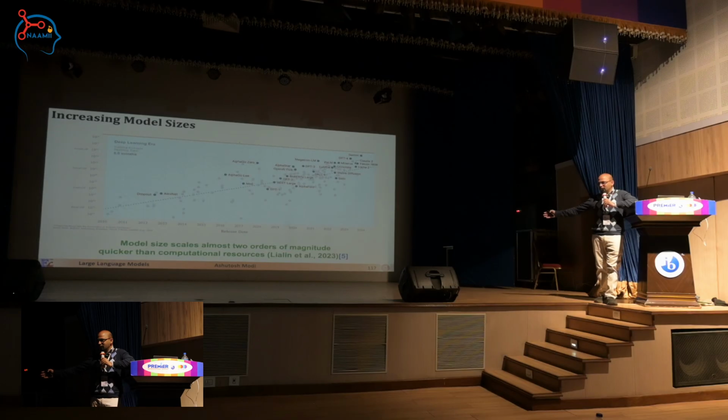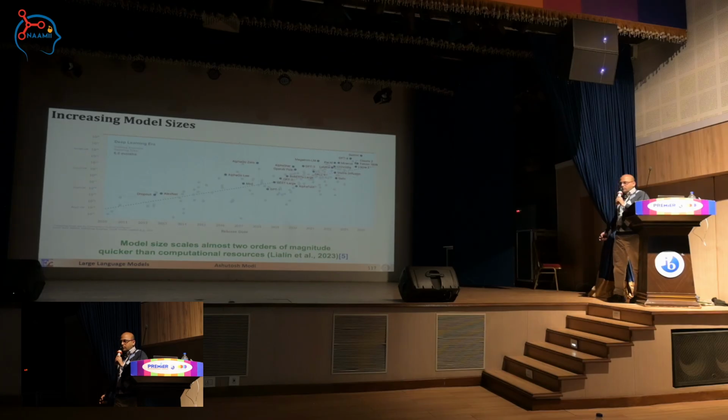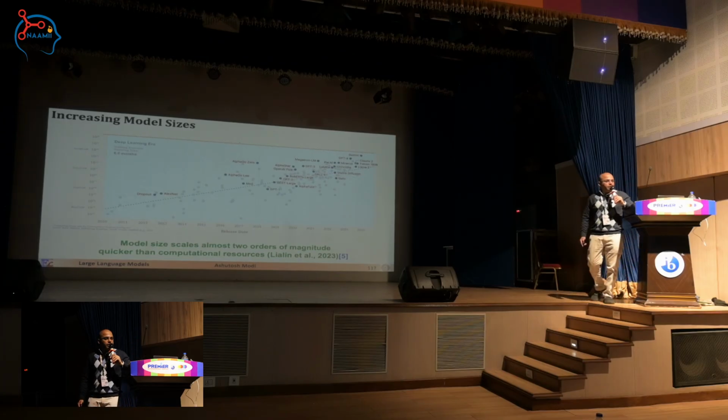Here the model size is growing much faster than the scale at which the compute is growing, right? So that leads to a problem. Now we're going to see, can we do something better? Can we still get really good performance without doing full fine tuning, and without incurring a lot of compute and inference time?